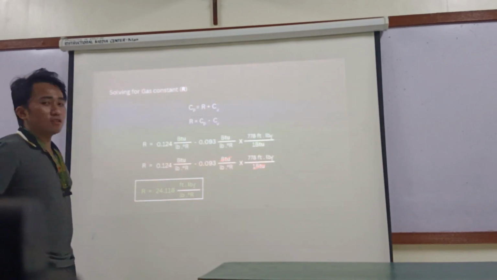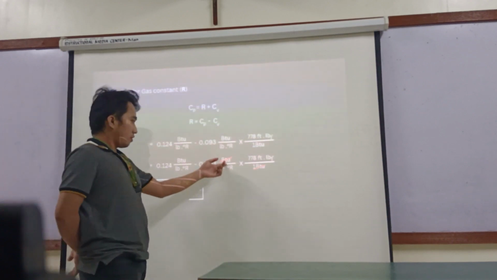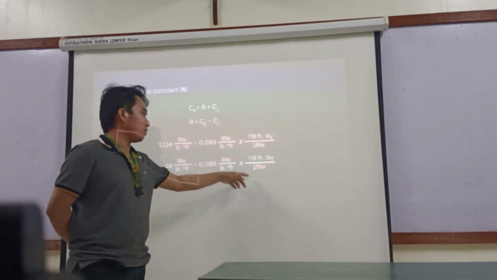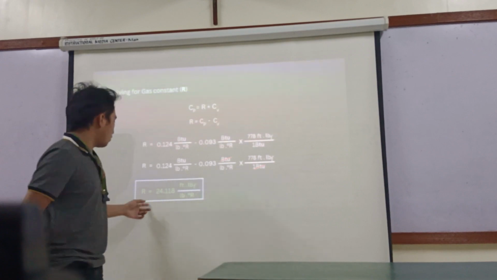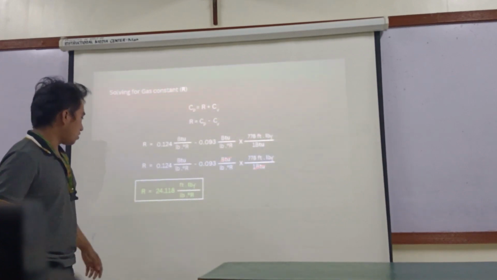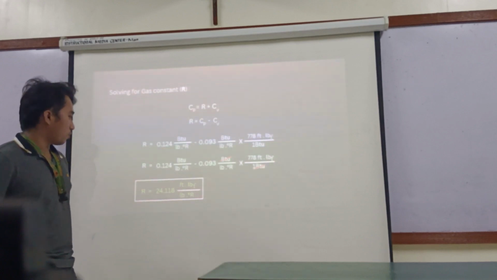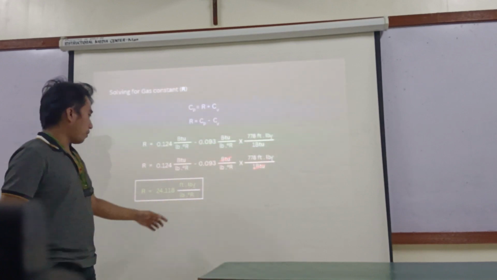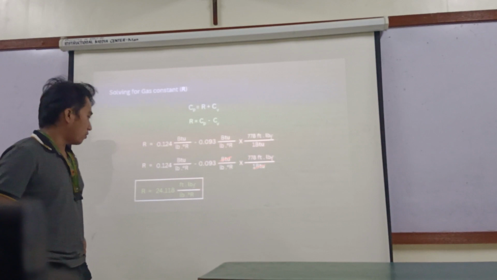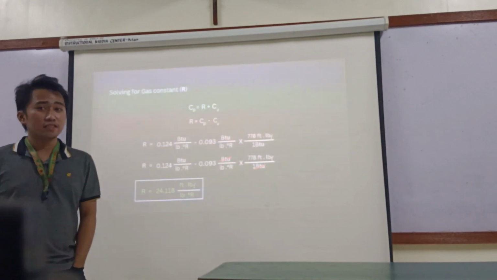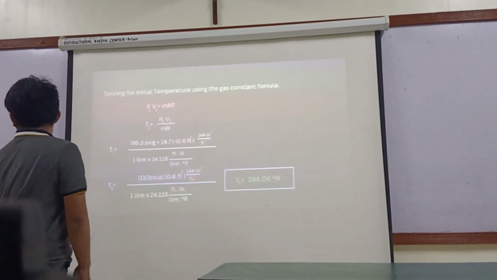So with the cancellation of units, we can cancel the BTU. So the gas constant is equal to 24.118 foot pound force per pound degree Rankine. Next slide.